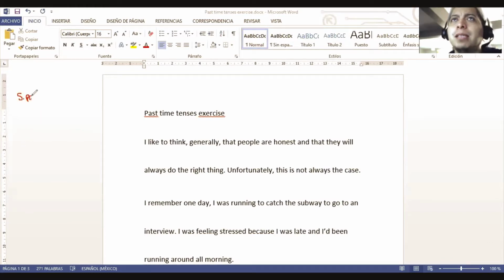The simple past is actually very complicated. I hope you remember this. This is kind of weird because we need subject, auxiliary, verb, and complement. But in the simple past, when you have an affirmative statement, you never use the auxiliary. The auxiliary is did. And if you don't have the auxiliary, the verb has to be in the past.